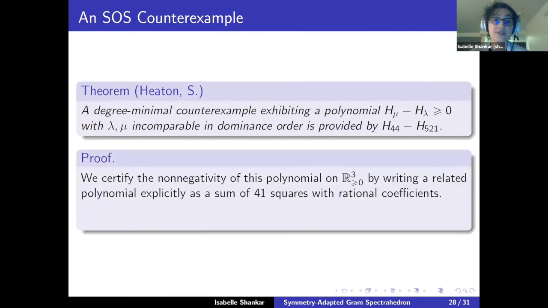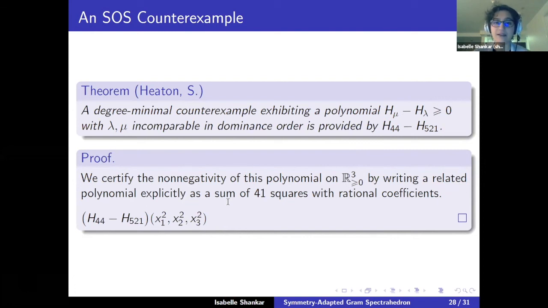We proved this using sums of squares. A similar polynomial, not exactly this polynomial: we took the polynomial h44 minus h521 and inserted squares in them, instead of dealing with the non-negative orthant condition. If this polynomial is non-negative, that implies that this polynomial is non-negative. In fact, this polynomial in our proof is a sum of 41 squares.